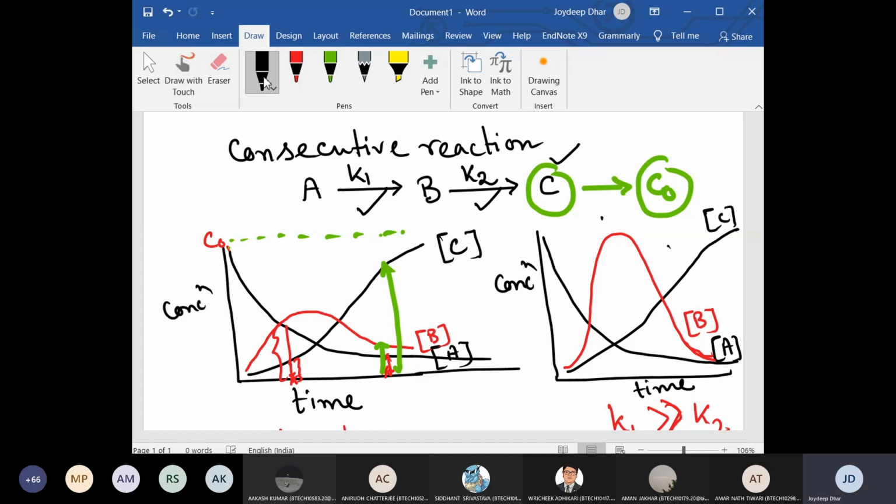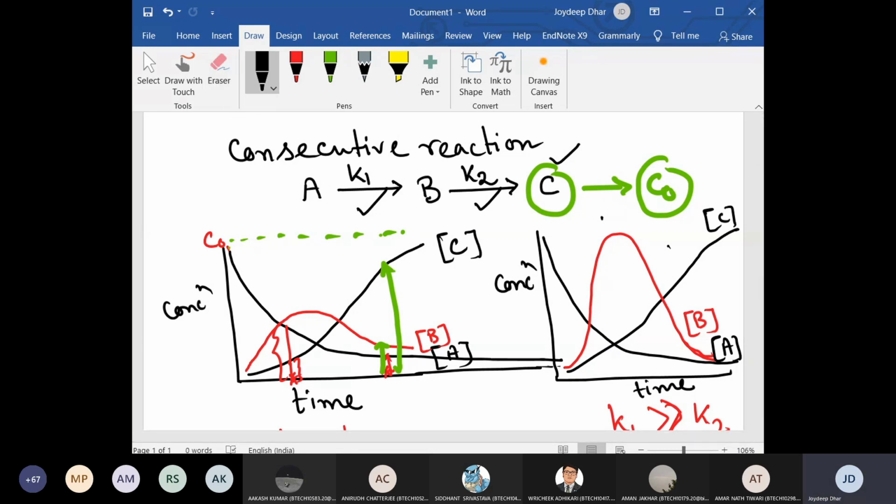It will always be parallel to the time axis. It will be very, very small, but it will not go to 0. So that means C cannot be C naught. It can be C naught when time is infinity. At infinite time, I can consider that A and B have both been consumed 100%.